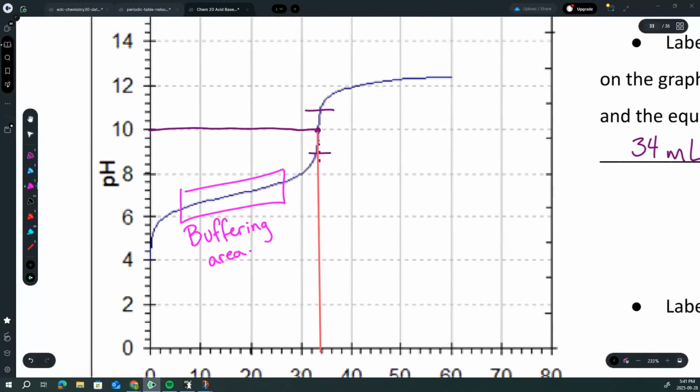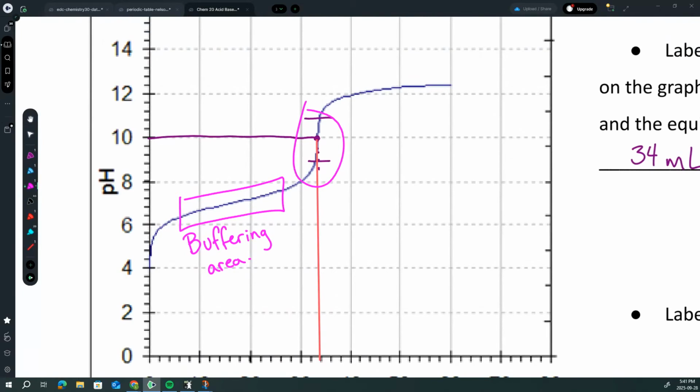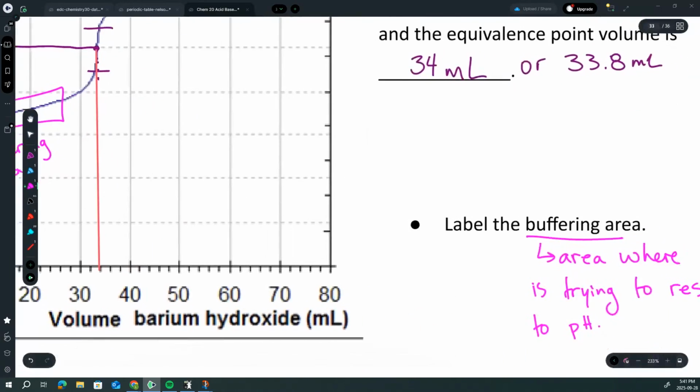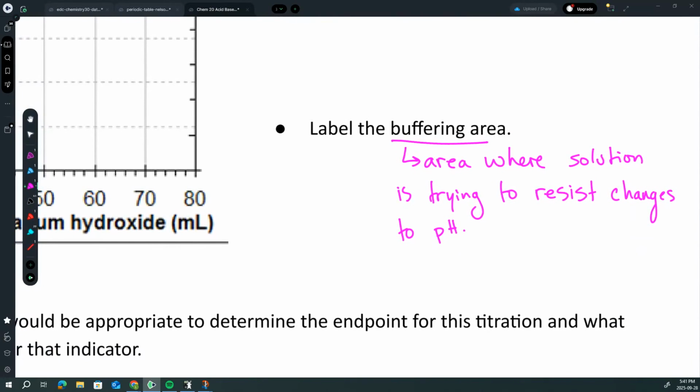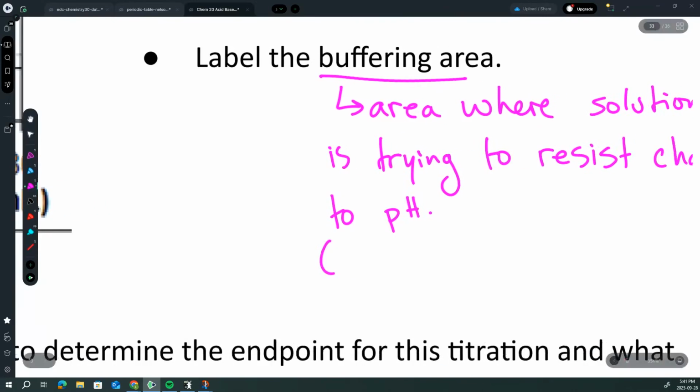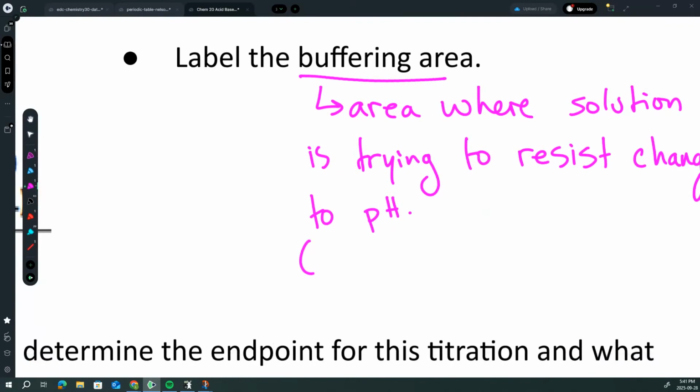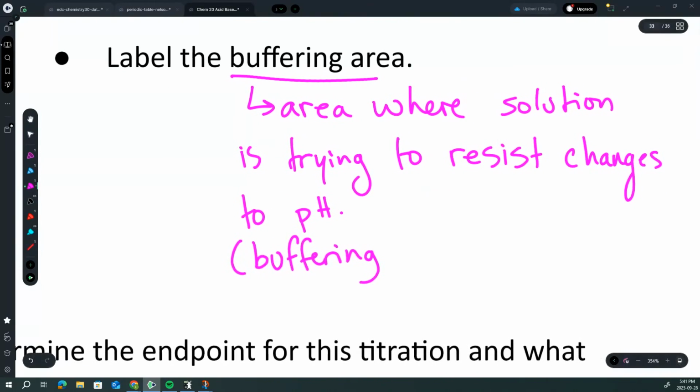Okay, but then at this point, that's when the buffer within the solution gets used up, and as a result, the pH of the solution changes by quite a bit in a small amount of titrant. Okay, the buffering area is never the last plateau. That's the best way I can describe how to figure out where the buffering area is.